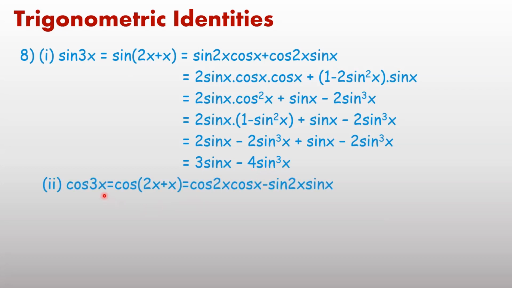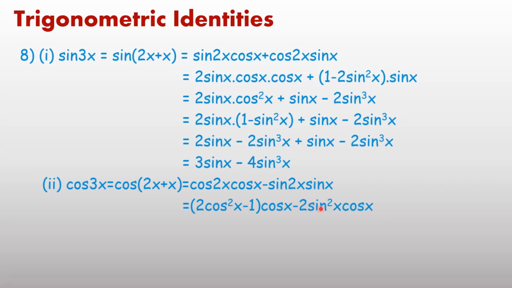Similarly for cos 3x, which you can write as cos(2x+x), cos(x+y) formula: cos x cos y minus sin x sin y, so cos 2x cos x minus sin 2x sin x. Cos 2x write down formula 2 cos square x minus 1 into cos x, minus sin 2x write as 2 sin x cos x into sin x.